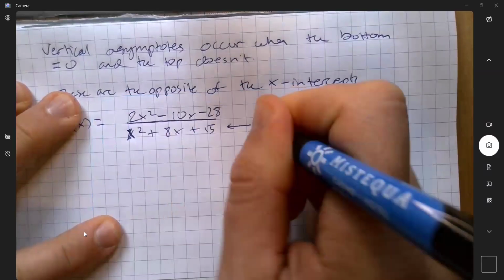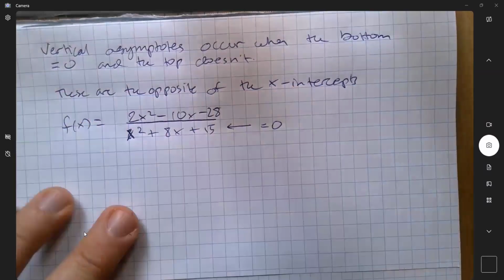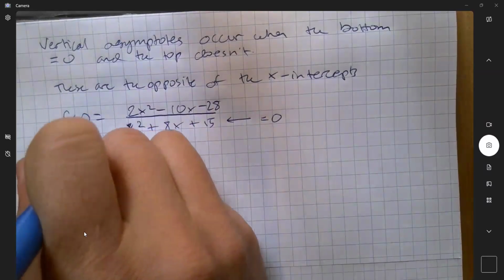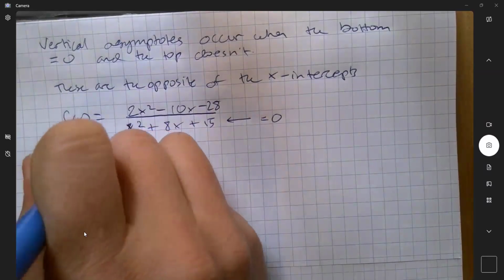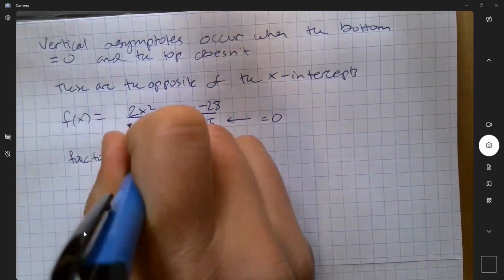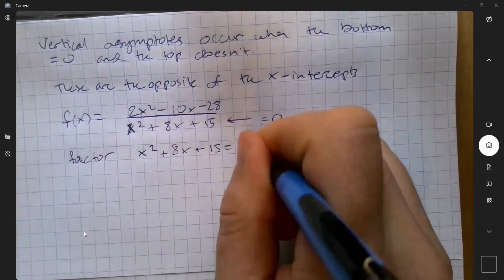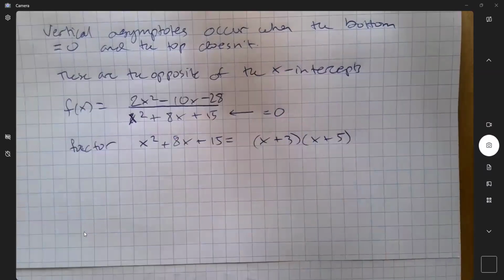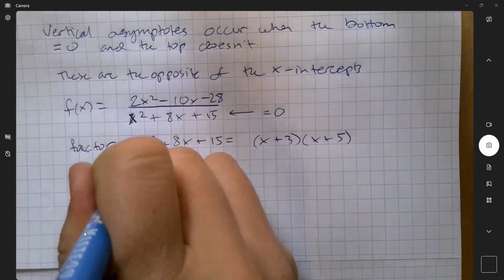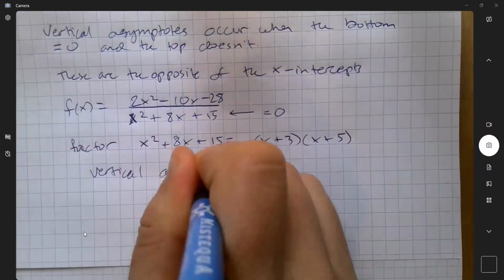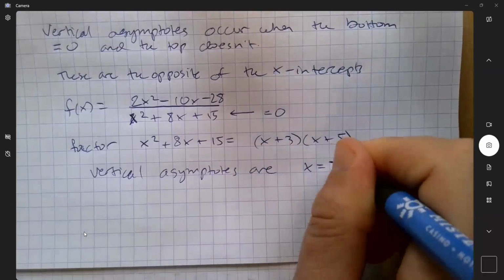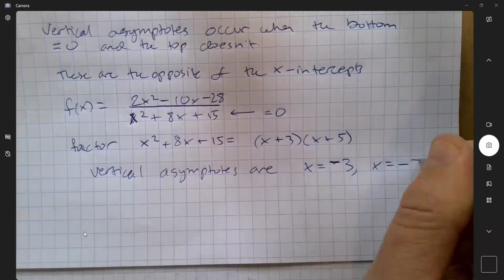I want the bottom to equal 0, which means I'm going to factor the bottom, which factors into x plus 3 times x plus 5. So the vertical asymptotes are at x equals -3 and x equals -5.